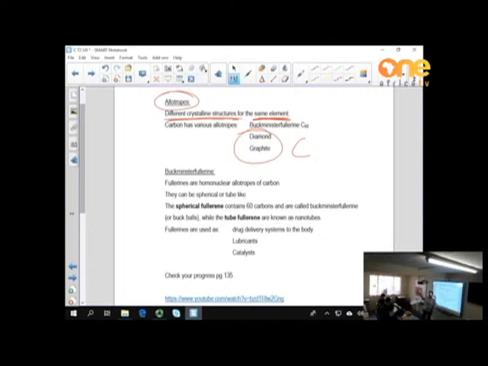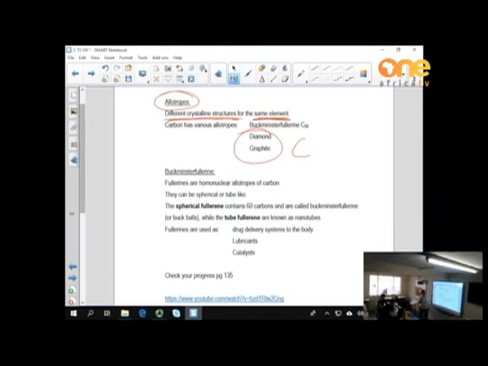Graphite is the stuff they put in your pencil lead. If you have a lock that sticks, you buy graphite powder and you puff a little bit into the lock. It acts as a lubricant. Both are made out of carbon. We will go into the specific shapes of diamond and graphite in one of the next units.